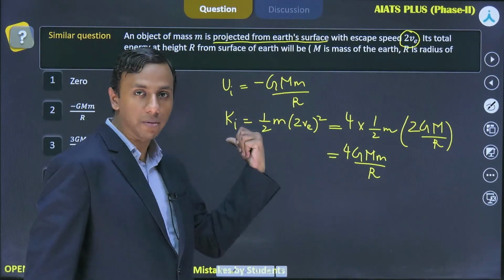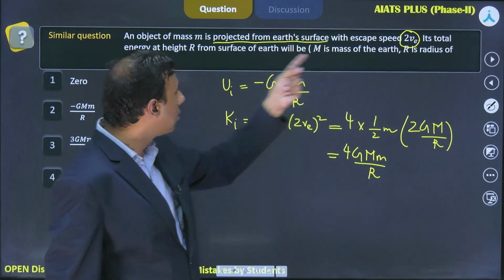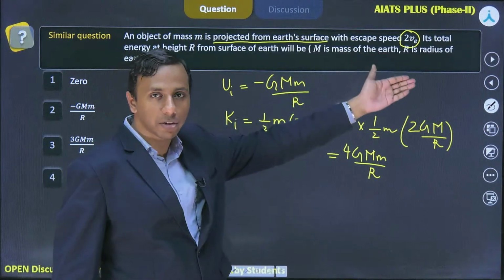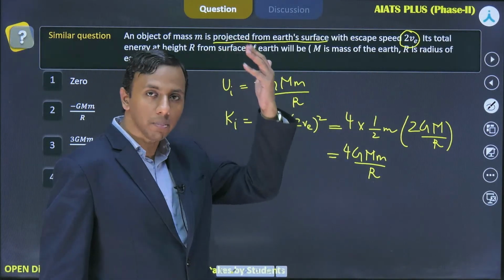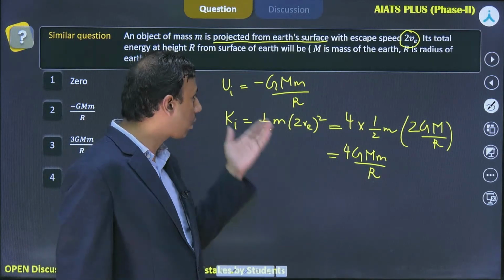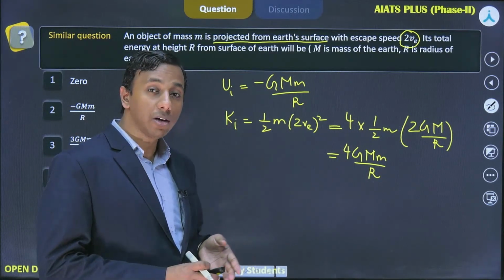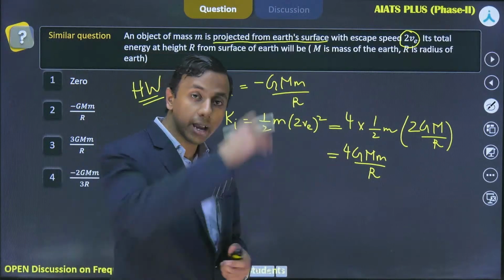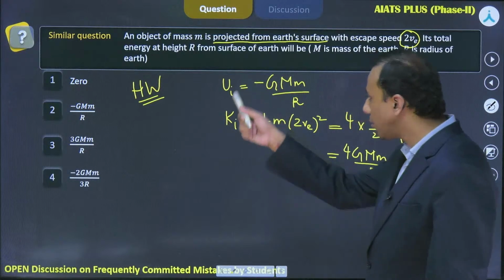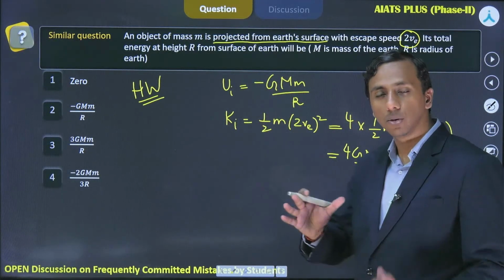So initial kinetic energy we have found, initial potential energy we have found, which is literally the same question as the previous one. Here also I am asking the total energy at height R, because again with a higher speed we are projecting it, so it will easily escape, and at that height what will be its total energy. How will you find the total energy at that height? It would be nothing but the sum of initial energies, because there is no dissipative force.